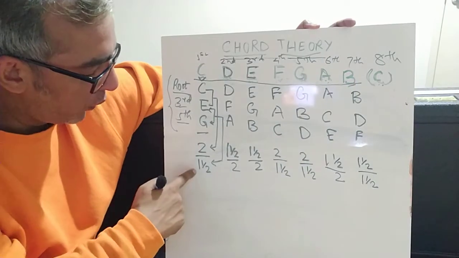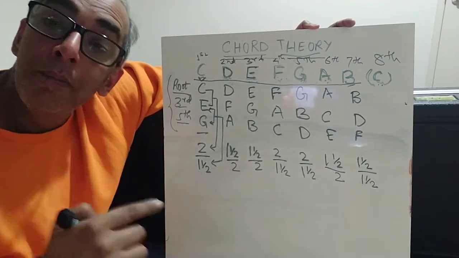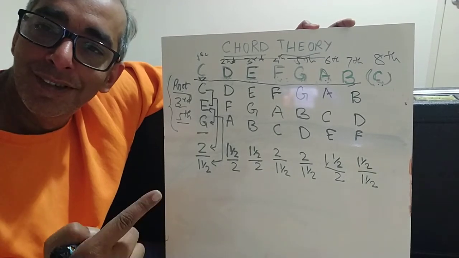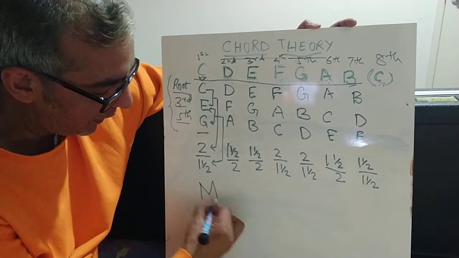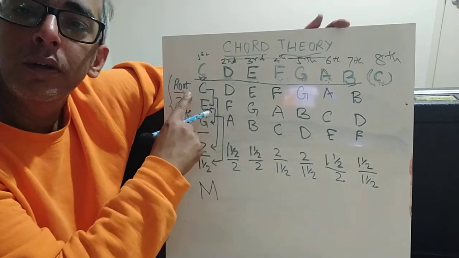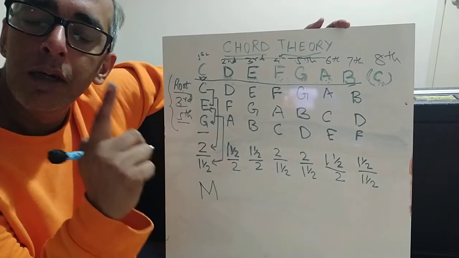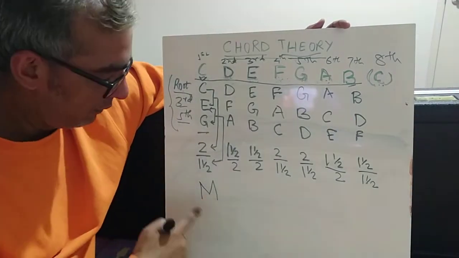So 2 over 1.5, that particular chord would be a major chord. I will write major as capital M. So my C chord, the first chord in my C major scale, will be a major chord.